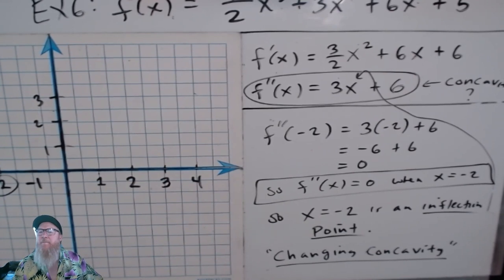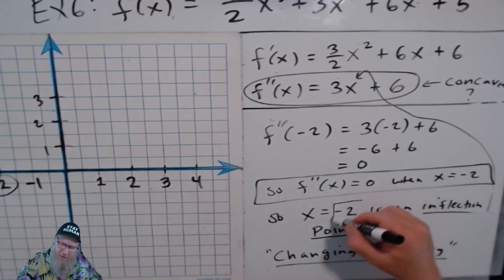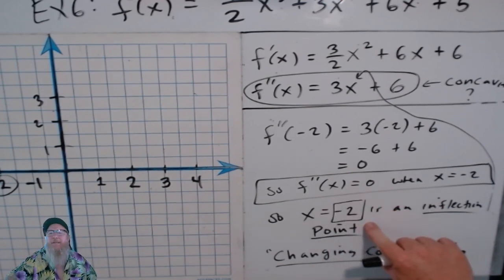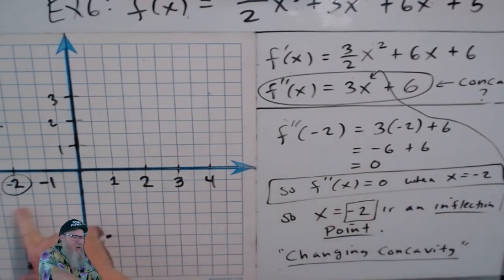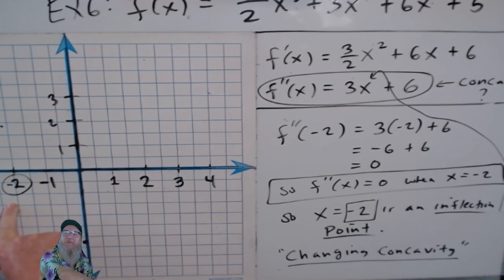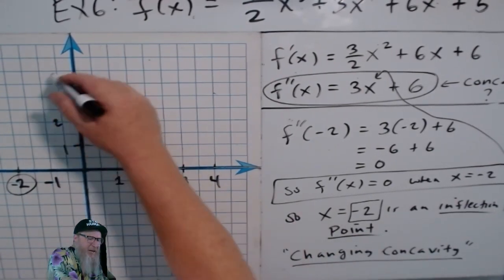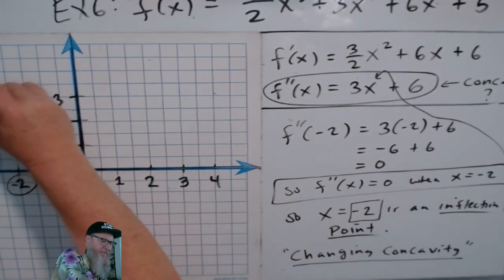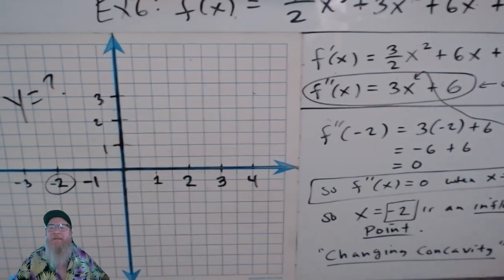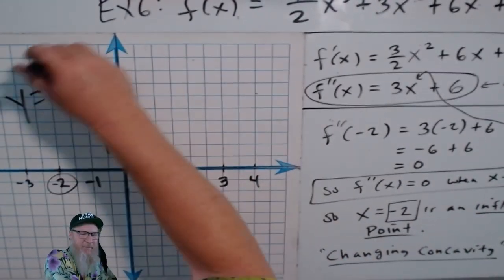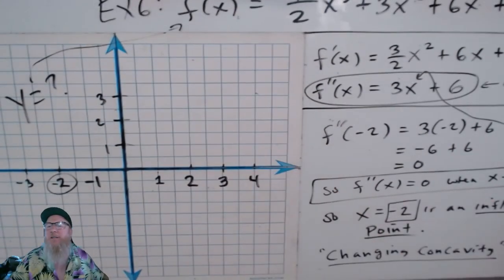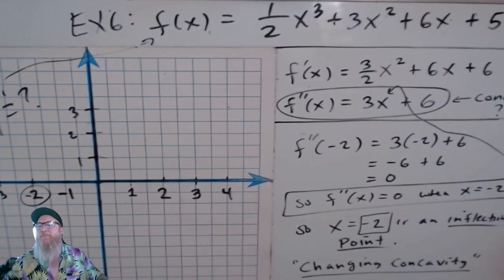Now, I said this earlier, I'm calling this an inflection point, but I don't really know the whole point. I only know half of it. I only know that x is -2. I've got to figure out the y value. What's the y value equal to? Well, I'm going to have to use the original function in order to do that.